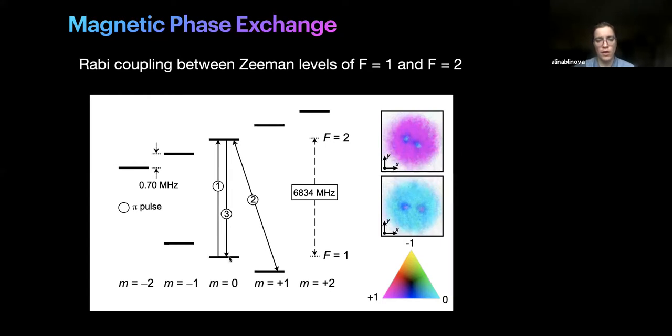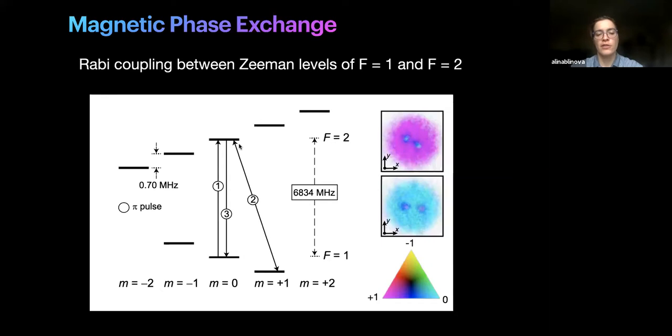So going from the 1-0 state, we drive the transition. We drive both the M0 and the M+1 states up to 2-0, and then we basically exchange with a third pulse.